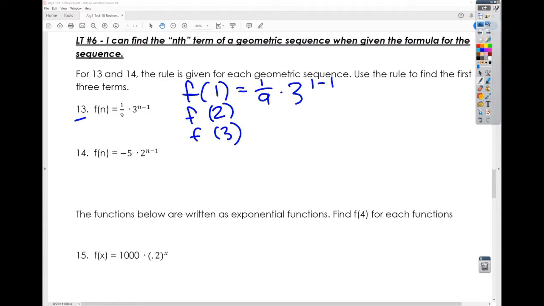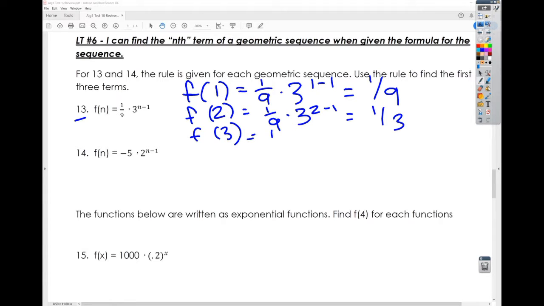Now then, 3 to the 1 minus 1 is 0, so 3 to the 0 is 1, and 1/9 times 1 is 1/9. So the first term in this sequence is 1/9. The second term, now we're going to plug in a 2 for the value of n. 2 minus 1 is 1, and 3 to the 1 power is 3, and 3 times 1/9 is 1/3.